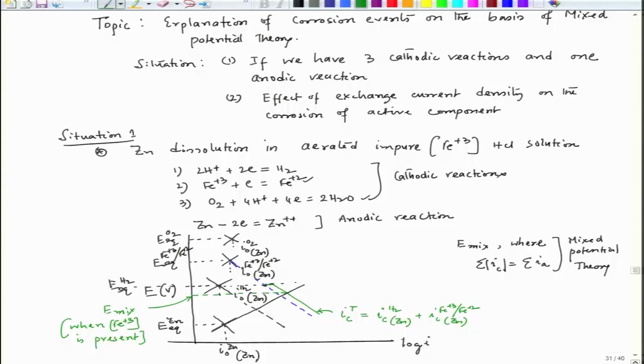Now, we have to consider, let us say, the purple color. So, if we continue this oxygen line, this is the oxygen line.